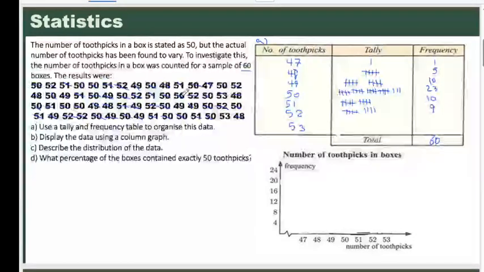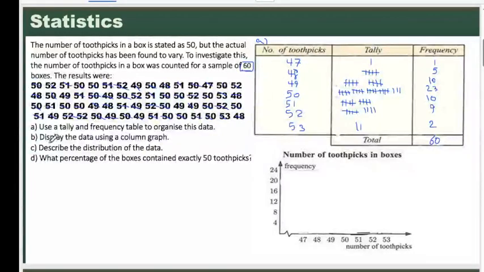Here there are 2. If you add all these frequencies up, you will see you have 60. That's the 60 boxes in which we counted the toothpicks. Okay, it's my frequency table.